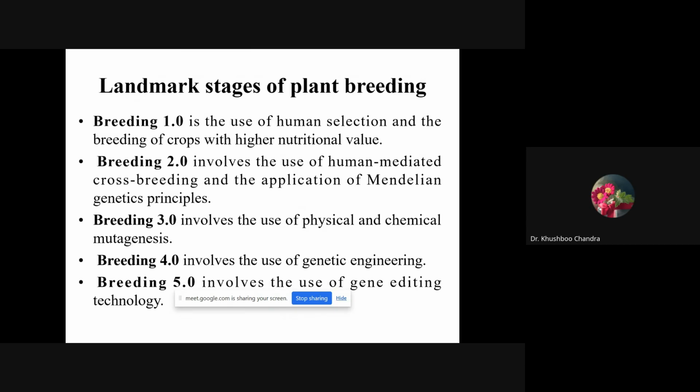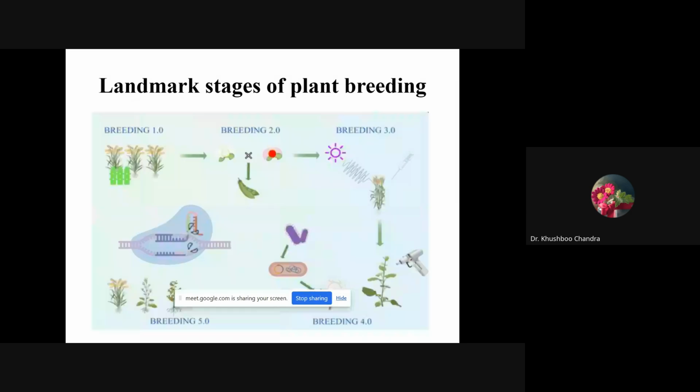But when we combined conventional breeding, starting from natural selection to human selection, artificial selection, then combining mutation, and carrying forward to genetic engineering and gene editing, we are making our crop improvement program more accurate, speedy, as well as efficient, right?